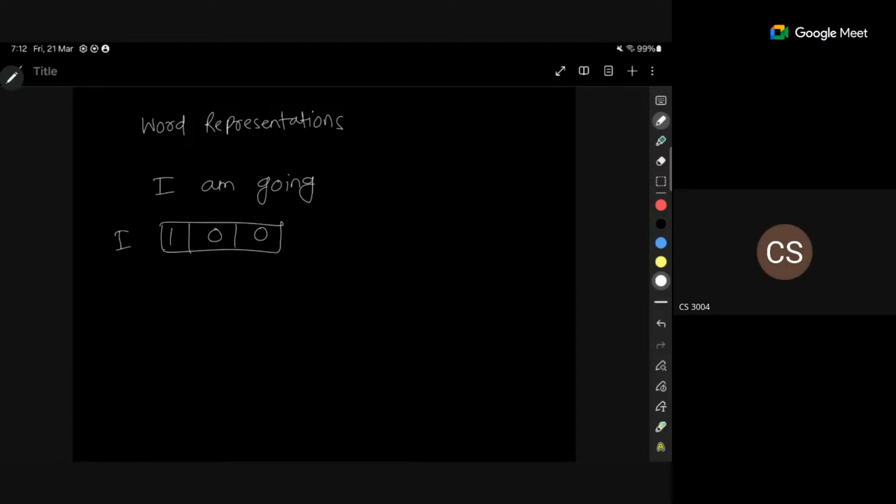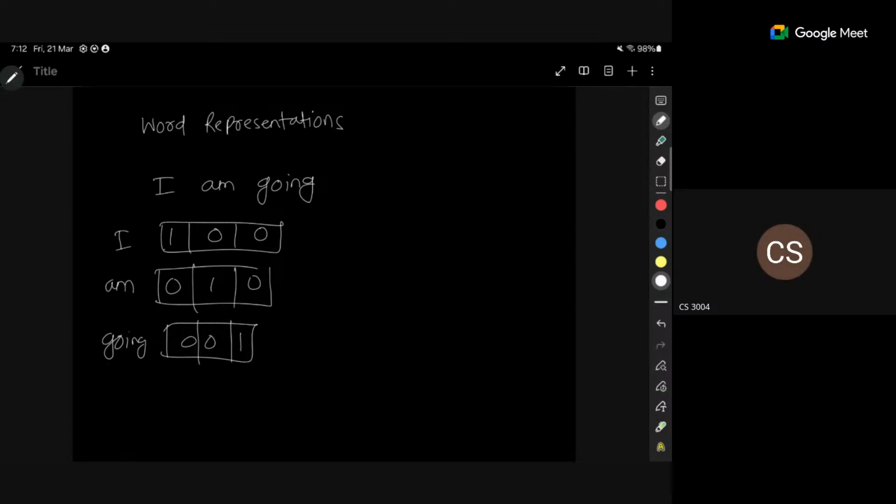This is one vector, and then let's say am can be represented as 0, 1, 0, and going as 0, 0, 1, right? So this is the minimum effort way to create a vector from words. This is what a one hot vector is.